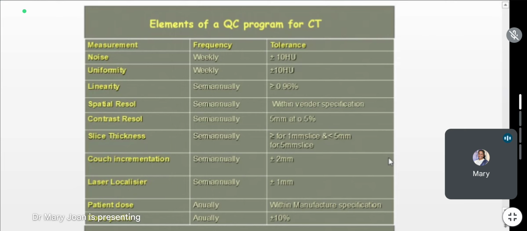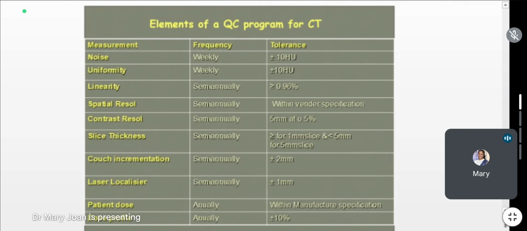So the noise uniformity test could be done weekly, and the tolerance is plus or minus 10 HU, and linearity, spatial resolution, contrast resolution, slice thickness, couch incrementation, laser localizer could be done semi-annually.